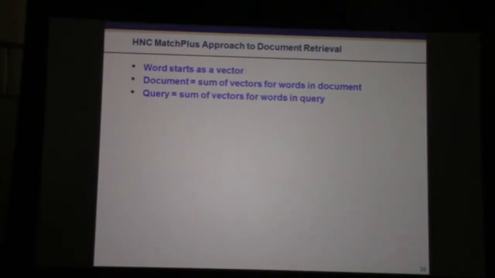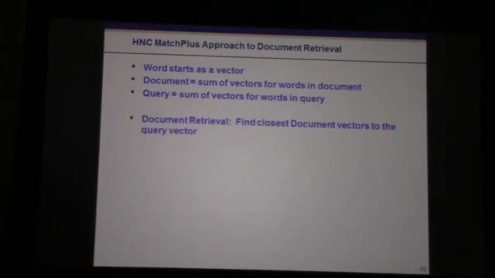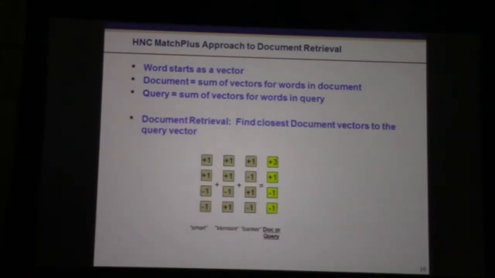Document retrieval consists of finding the documents with the closest direction to the query vector. There are a lot of details that I'm not going to go over here, but that's basically all you need to get a document retrieval system. And here's a picture of adding up the word vectors in order to get the document.